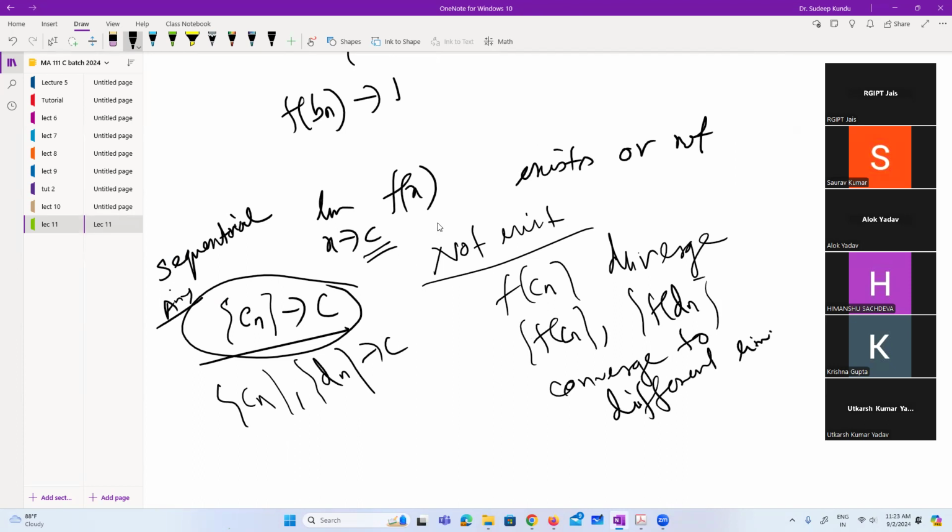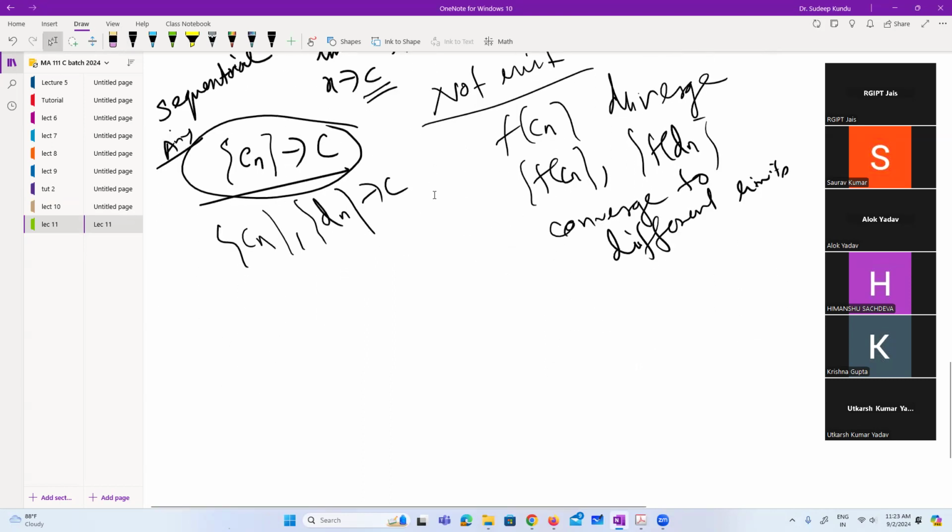So this sequential criteria is useful when you want to show that the limit does not exist.